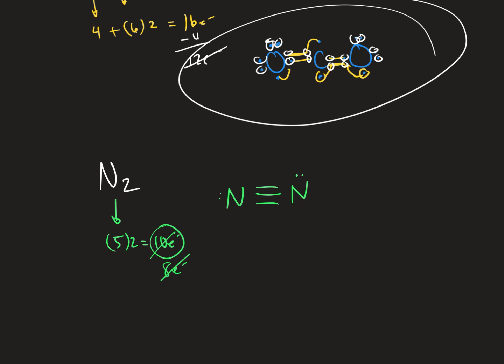Do they all have octets now? Yeah. And we only used 10 electrons. And count them to make sure. 2, 4, 6, 8, 10. Yeah. Good. That's it. Triple bond. Good? Okay.